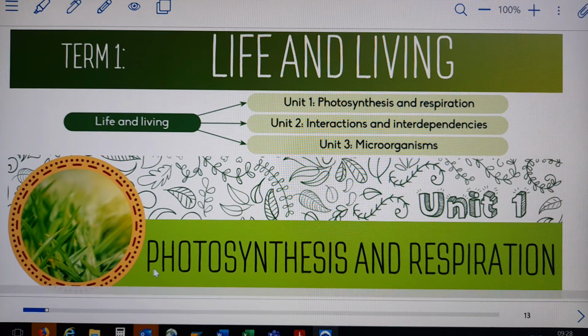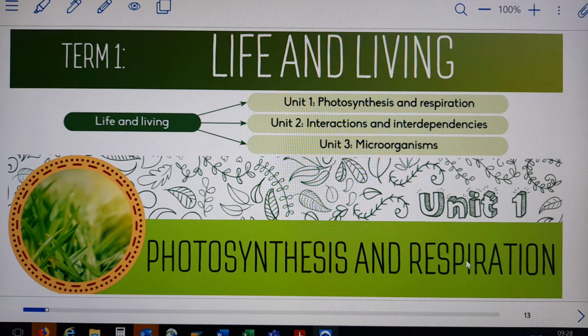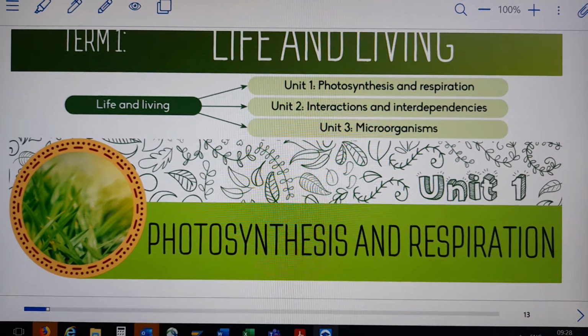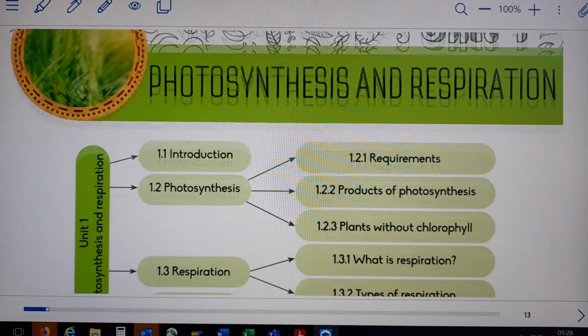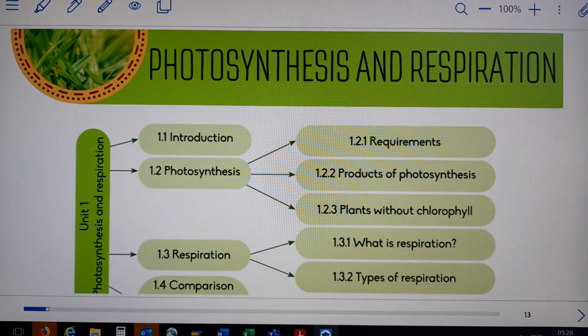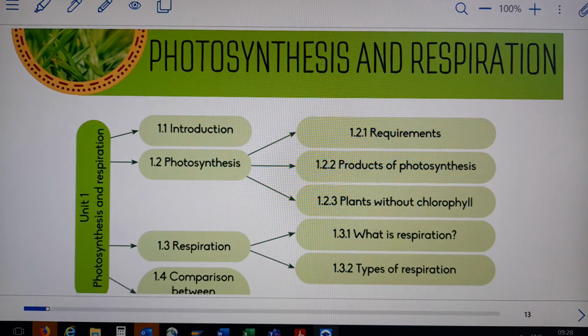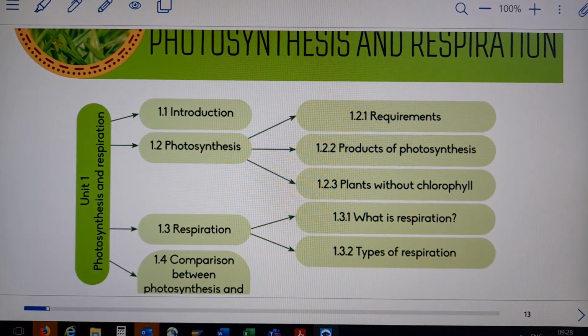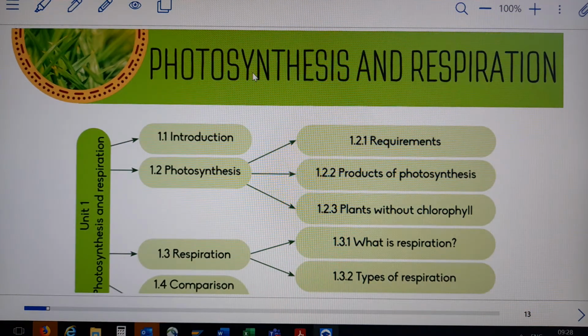So the first unit that we are going to start with is photosynthesis and respiration. Please pay attention. You need to be in your full attention to understand this because it's lots and lots of theory.